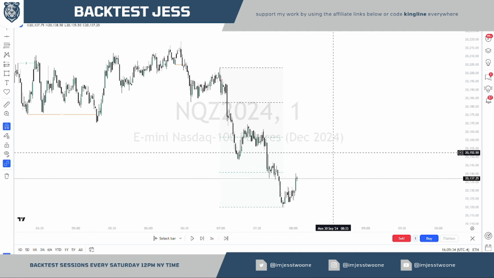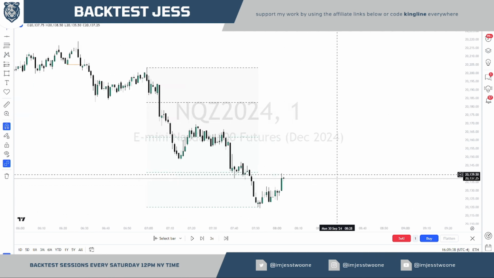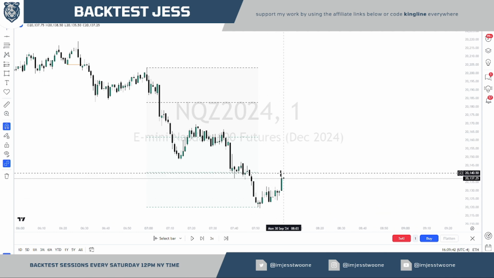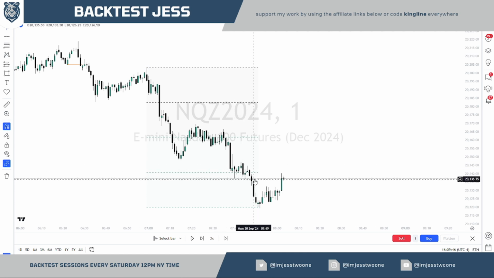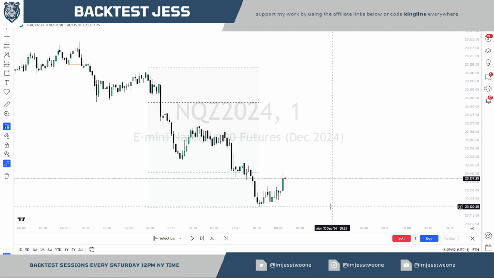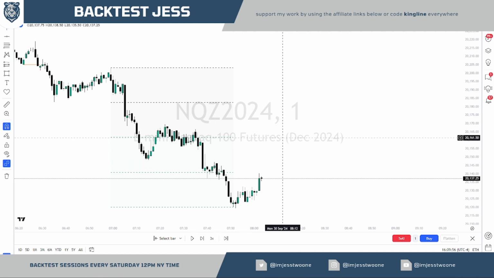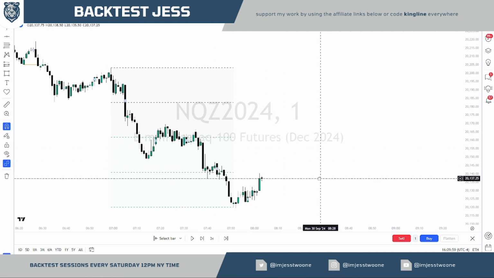Okay, this is our dealing range. We have that swing low put in. Now from here to here, we can see a run on stops here, and then it can turn around and go lower, or if we are able to break above here, then we can likely see EQ.